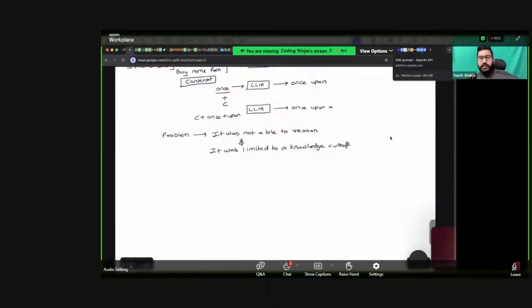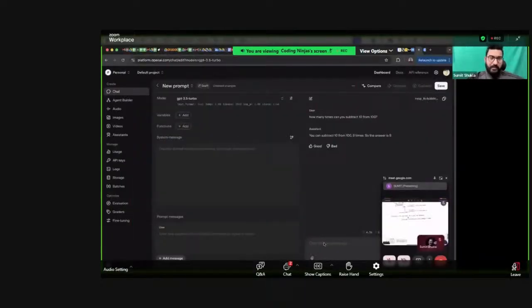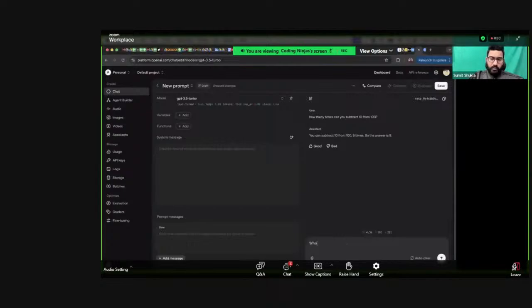Let me ask this question from GPT 3.5. Who is the current PM of India? It will tell you the answer based on what it has been trained on. The current Prime Minister of India is Narendra Modi.